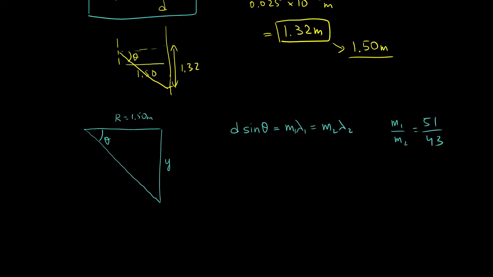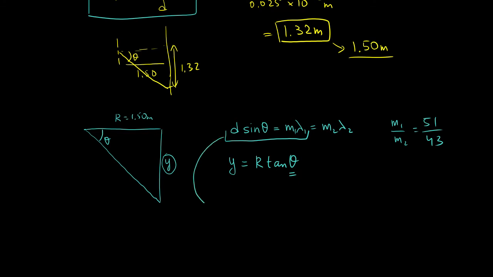Now to find the y from this triangle, I can say y equals R times tangent theta. But then we don't have the theta. I will be using the top part of the equation from one wavelength, because I already have the value of m1, and find the theta.